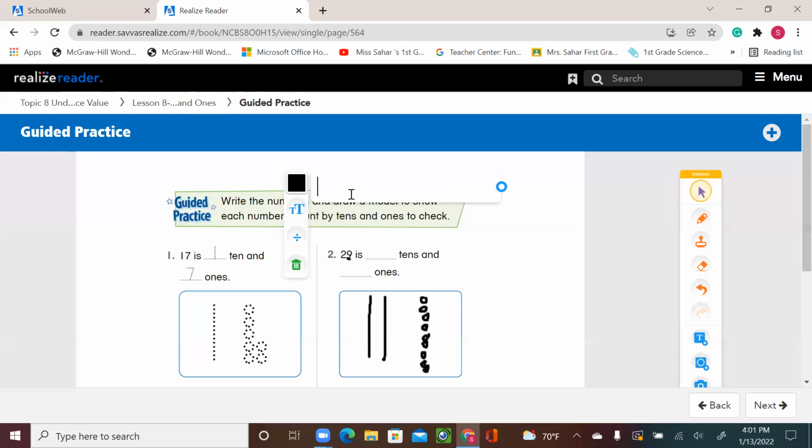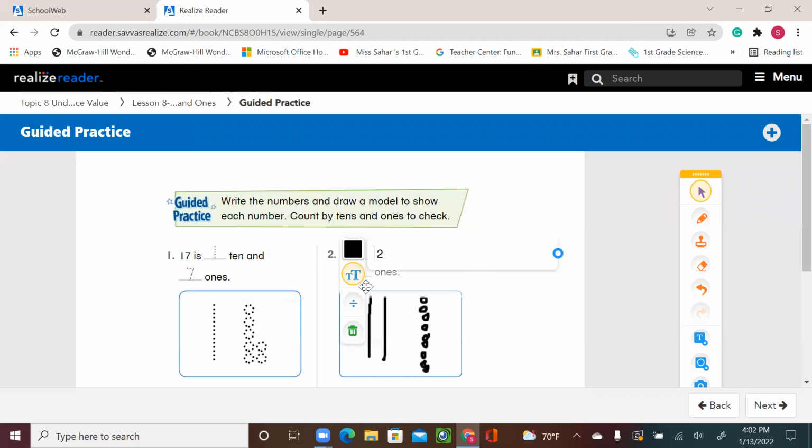So how many tens? 2 tens. And then 9 ones. So this is my 29.